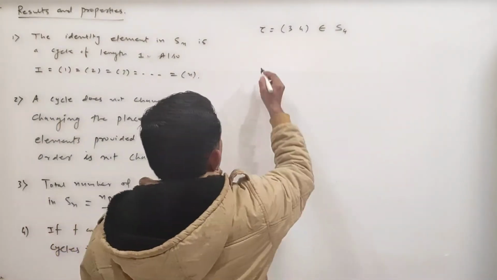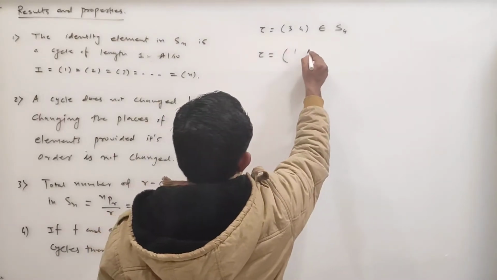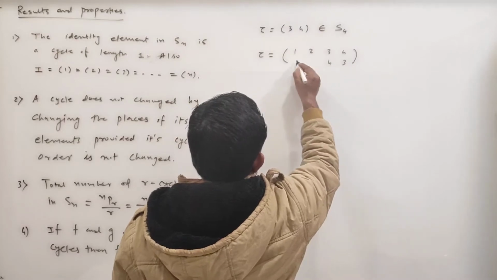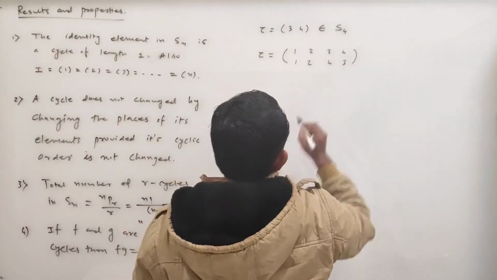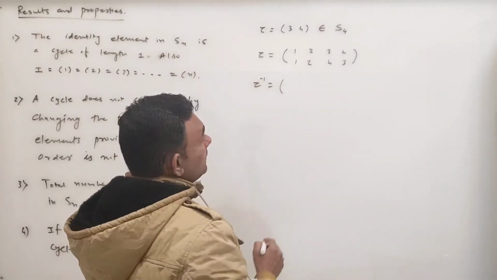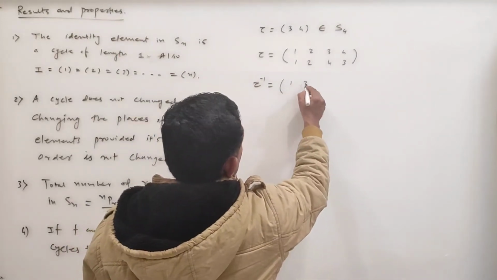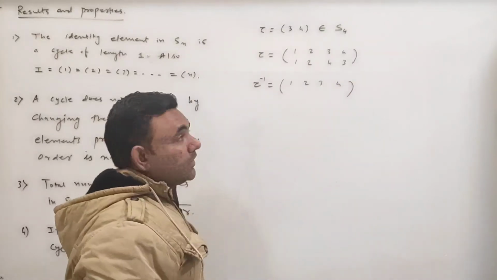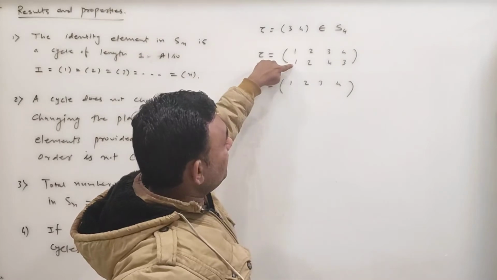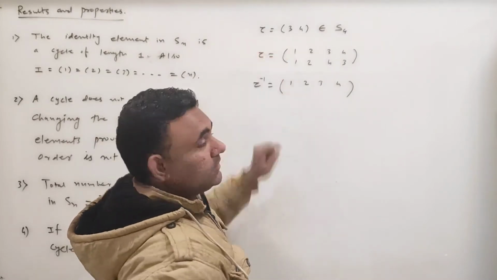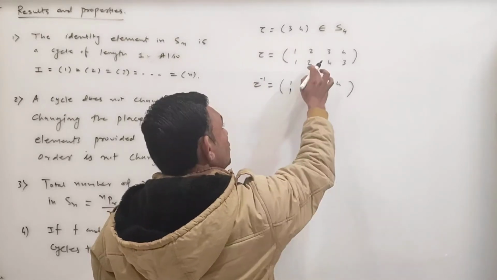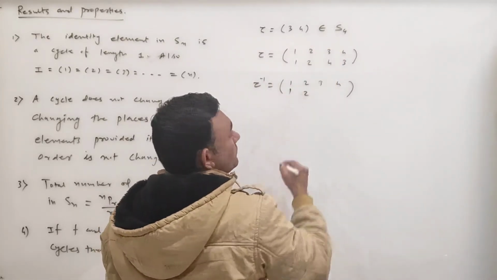तो क्या होगा? So this tau is what? If you actually write 1, 2, 3, 4, then 3 goes to 4 and 4 goes to 3, and 1, 2 are missing, so 1 goes to 1 and 2 goes to 2. And we know what tau inverse is. So tau inverse, you just write 1, 2, 3, 4. तो 1 की इमेज क्या है? तो यहाँ पर 1 किसकी इमेज है? 1 की, so it is 1. 2 की इमेज क्या रहेगी tau inverse में? 2 किसकी इमेज है? 2 की, so it is 2.